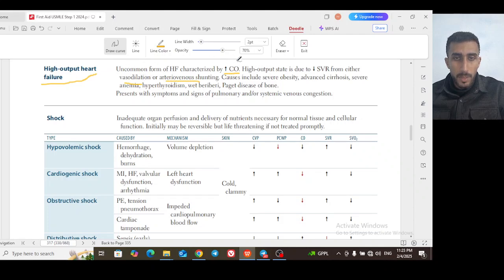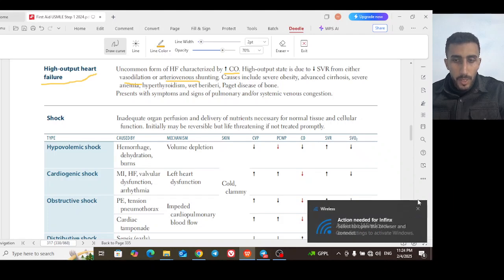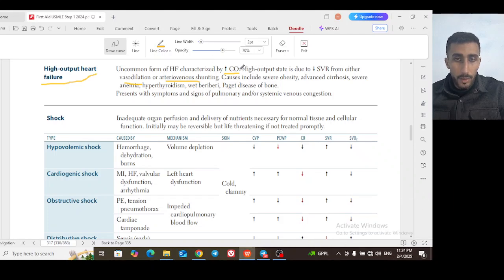as a counterbalance mechanism, there is an increase in cardiac output to maintain the circulation. As you know, for the blood to circulate in your body, it depends on the cardiac output and the systemic vascular resistance. So if there is vasodilatation or AV shunting, you have to increase the cardiac output.